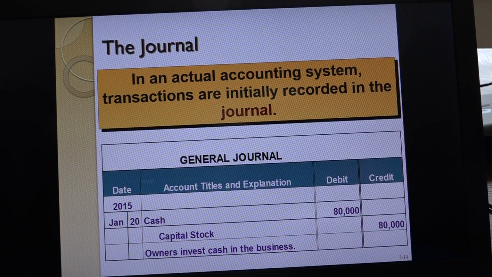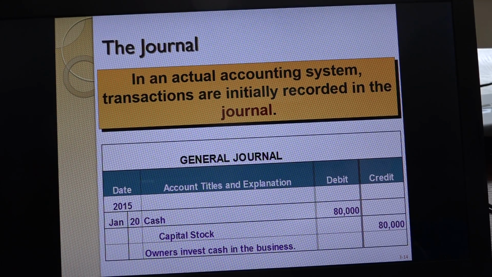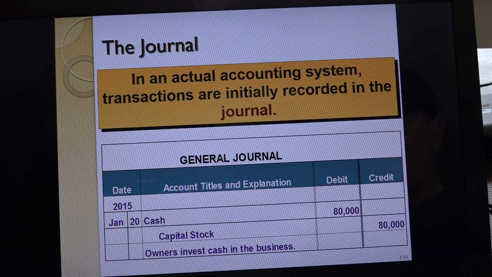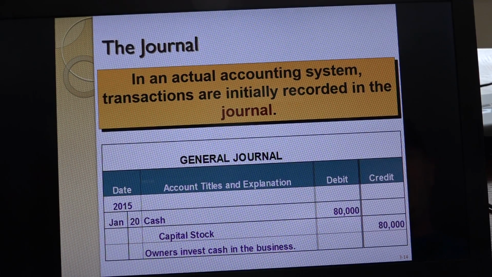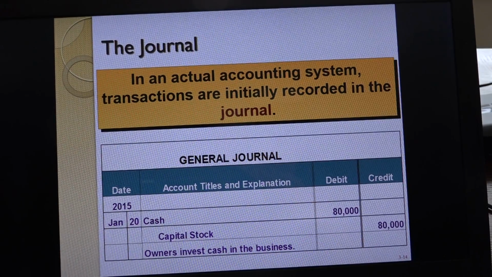So here is a typical journal entry. This is the first entry that they would have made for the contribution of cash for capital stock of $80,000. Now understand that this is a representation of what it would look like on paper.